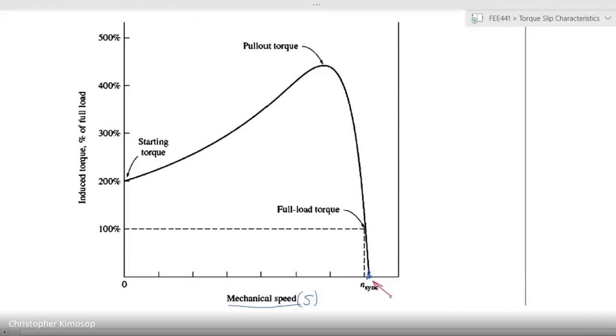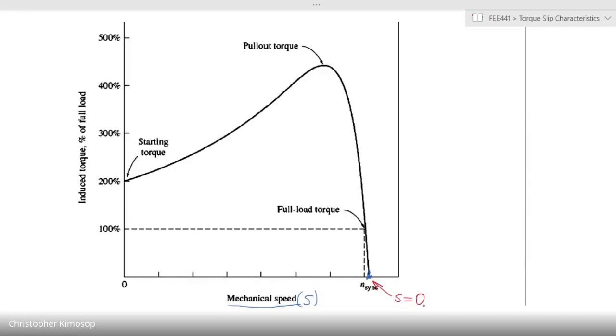At that point, we have the slip equal to 0. What does that mean? Remember when we were talking about the rotating magnetic field, we said that if for any reason the rotor catches up with the synchronous speed, whereby the rotor is moving at the same speed as the rotating magnetic field, there is no relative motion between the two.